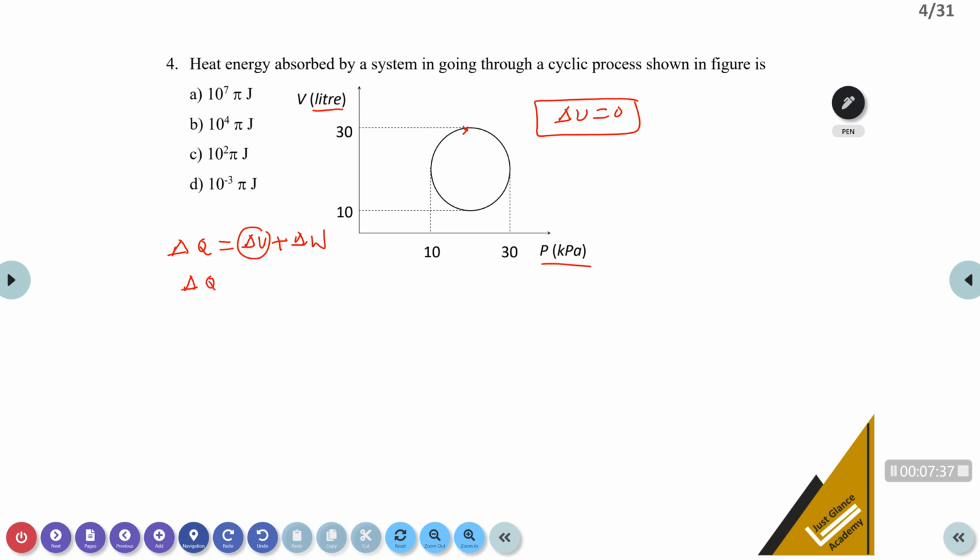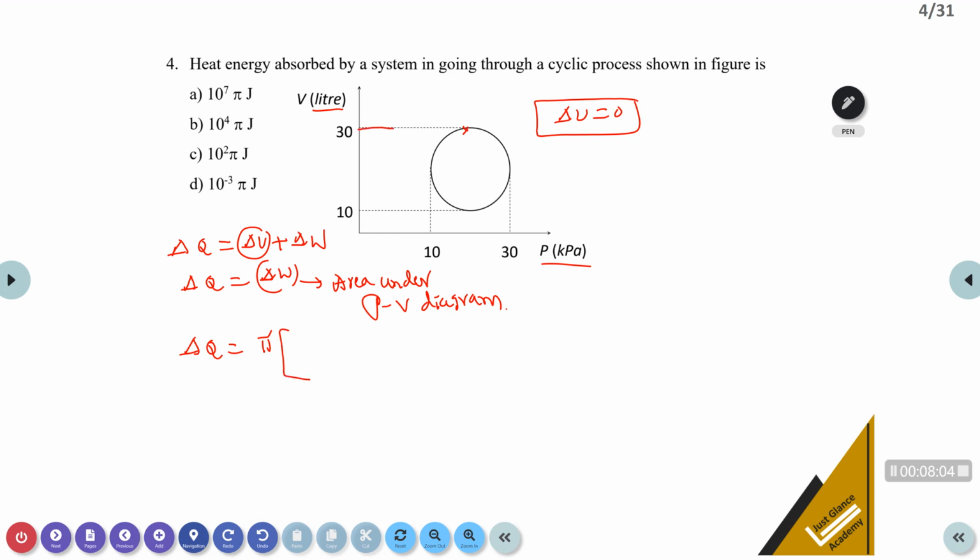So delta Q equals delta W. What is delta W? It is the area under the curve, the area under the PV diagram. Since the shape is a circle, we know that the area of the circle is pi r squared. So delta Q equals pi r squared.